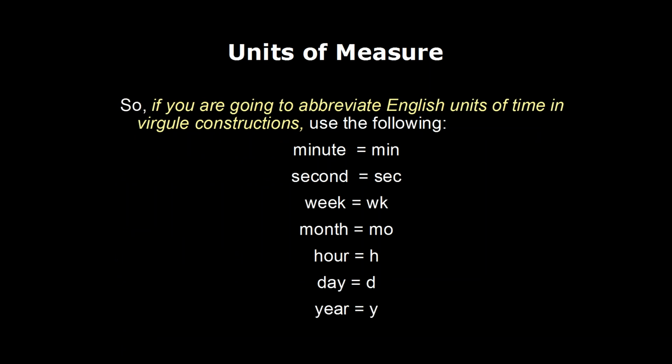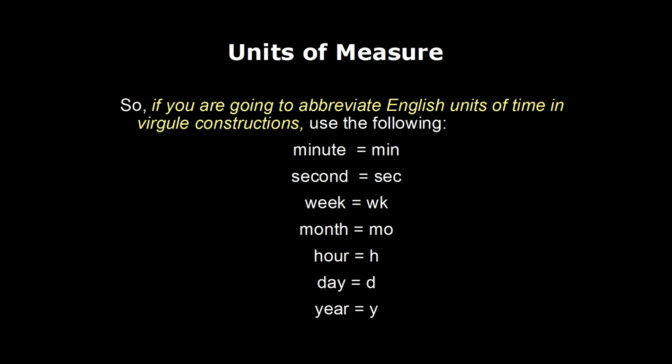It also says in the book itself, so you can read more about this. If you are going to abbreviate English units of time in virgule construction, so if they're used together with a metric unit, you'll see here, and I think this gets to your point a little bit, Lisa: minute is MIN, second is a second, week... as you can see, you can read there.